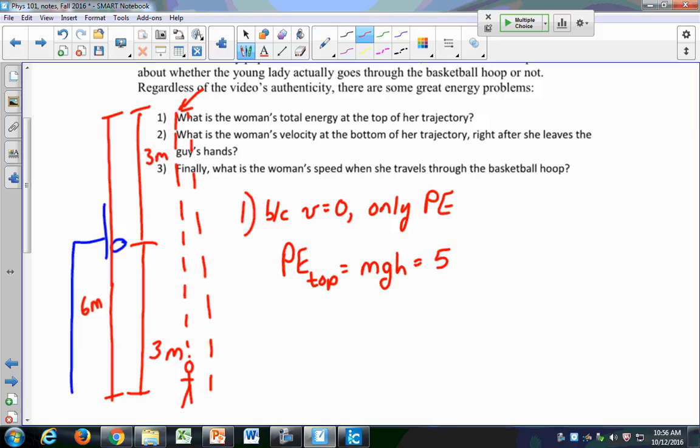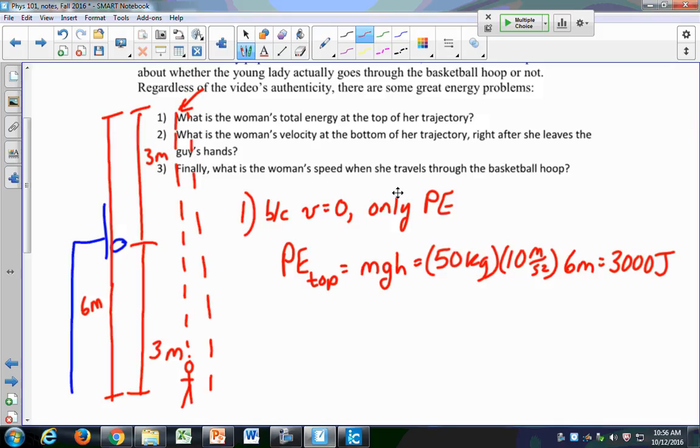So we'll say that she's about 50 kilograms, just making an estimate of her mass. The acceleration due to gravity is 10 meters per second squared. And then h is 6 meters. So she gets an energy of 500 times 6. That's 3,000 joules. That is the amount of energy that she has in gravitational potential.